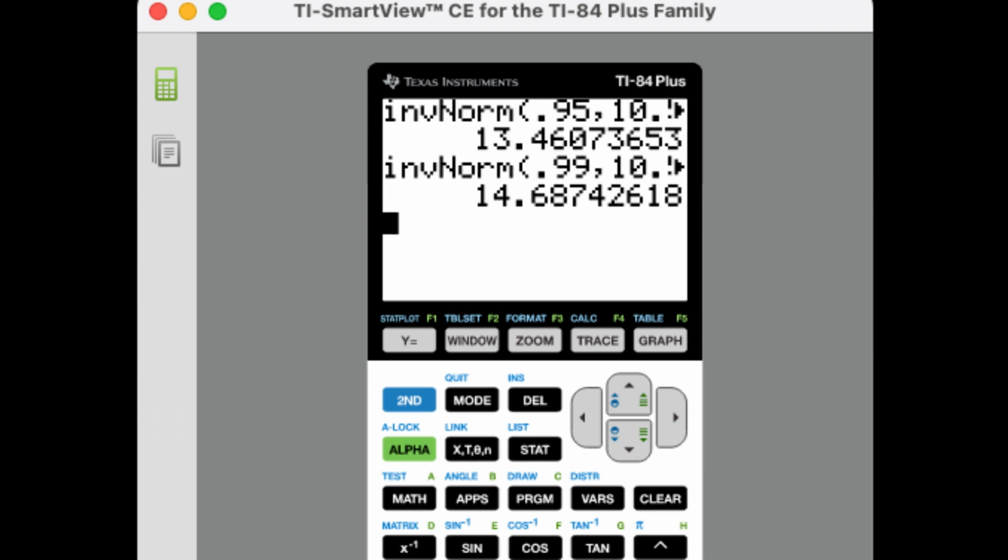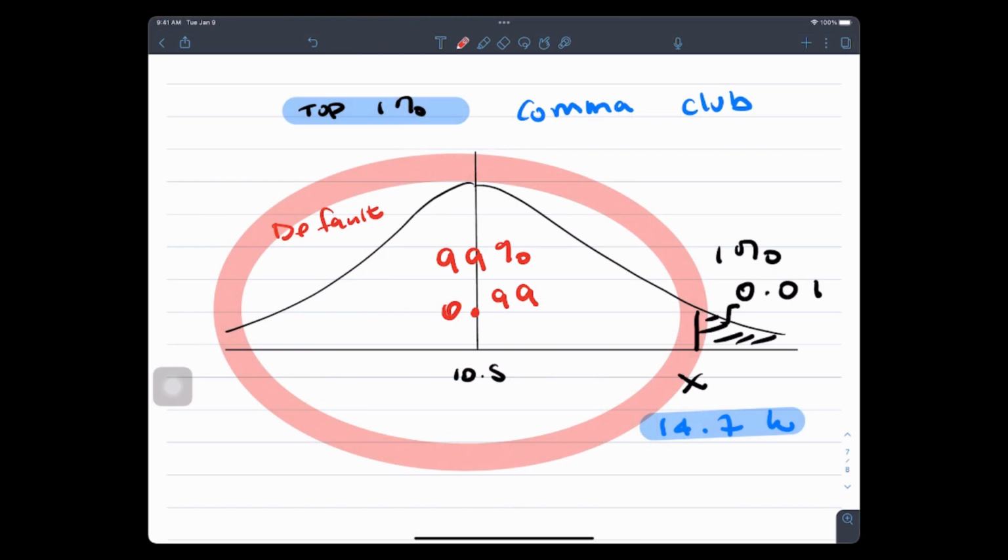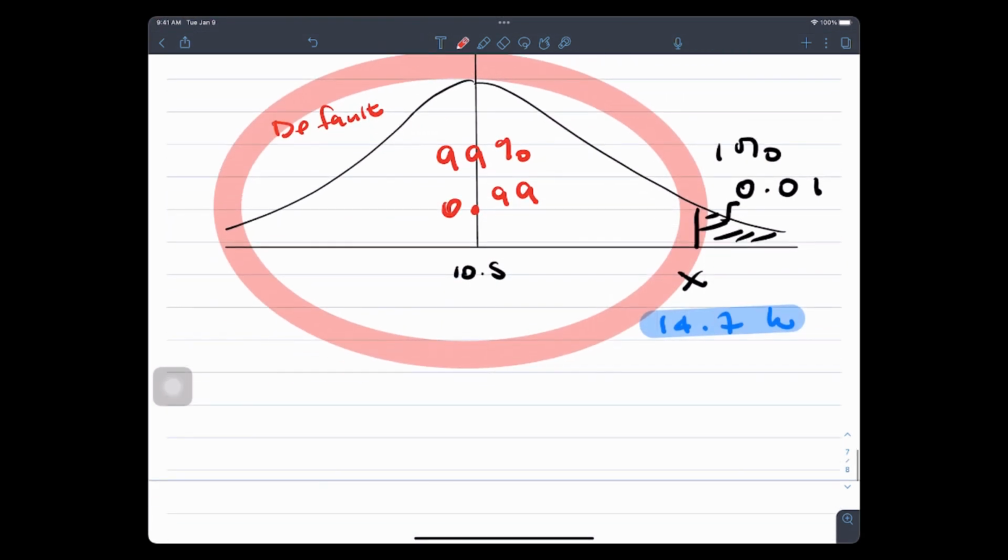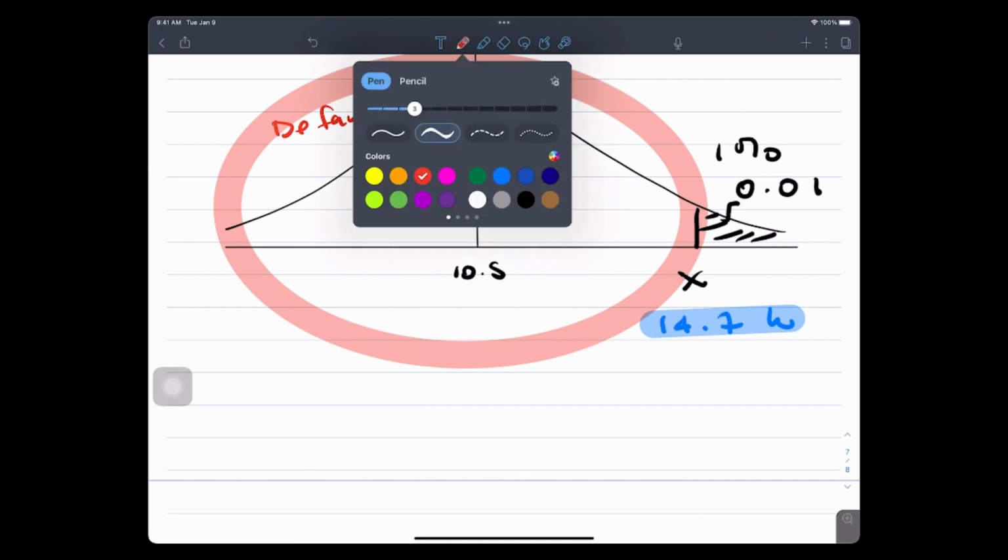So if you have the other calculator that doesn't give you the option of right, left, or center, you have to use the left. You have no choice. You got to do the default. And notice you do get the same answer by using the default. So, ladies and gentlemen, with 14.7 hours of sleep as the minimum value, you could belong to the coma club.